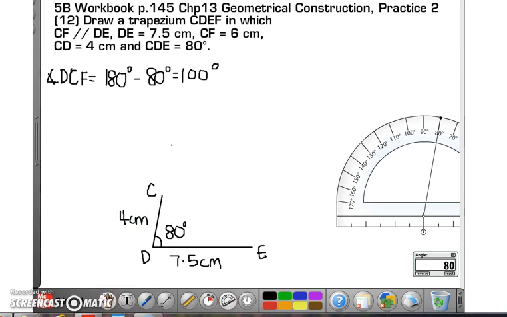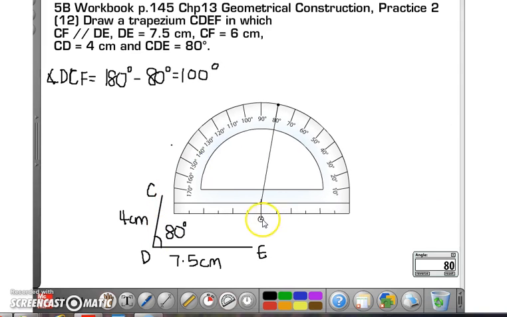Next, what else do we know? We know CF coming from point C is 6 centimeters. But at which angle should I draw my line CF? We've actually found out DCF is 100 degrees because remember CF is parallel to DE, so these two angles add up to 180 degrees.